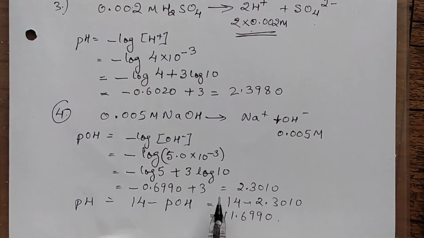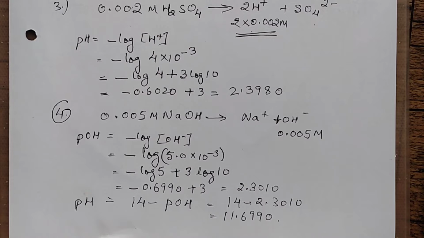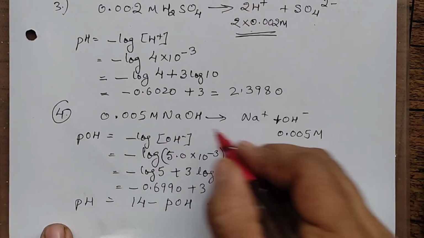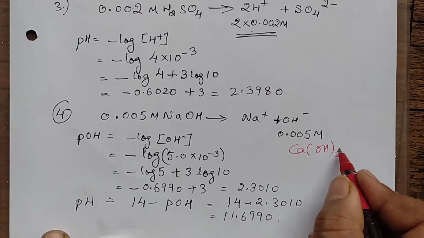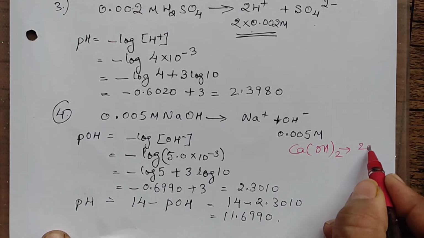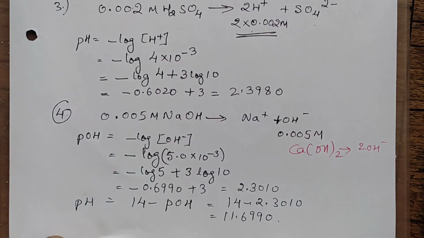In the bases also, had there been any base like, say, instead of sodium hydroxide, suppose the base would have been calcium hydroxide. Right. So this will be giving you 2 OH minus ions. So then you will be multiplying this concentration by 2. Okay. So same rule as we did for acid is also applicable for the bases.